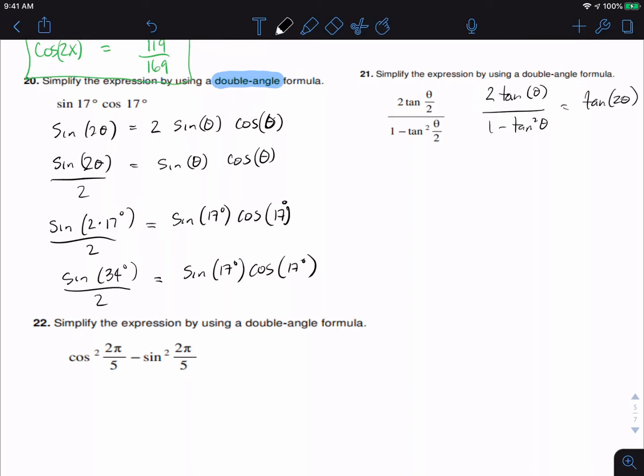Look at the theta that we have. Instead of being just theta, isn't our theta divided by 2? So then this is actually going to be tangent of 2, but my theta is theta divided by 2, right? So then we're going to get tangent of theta.